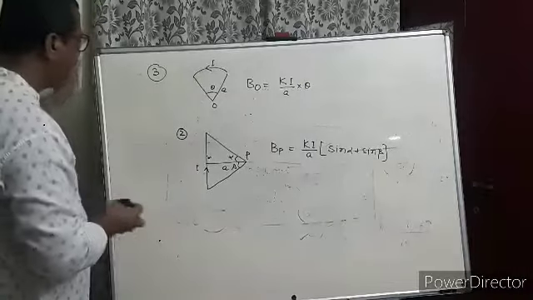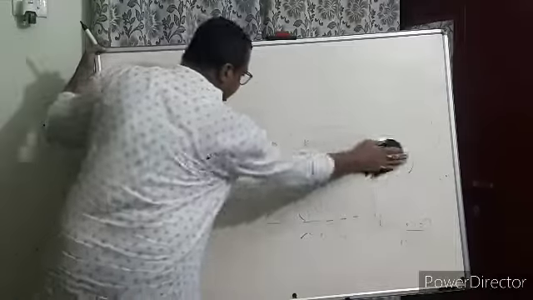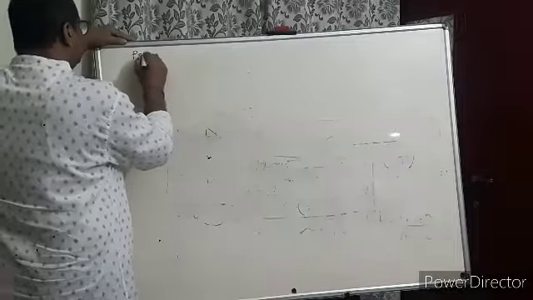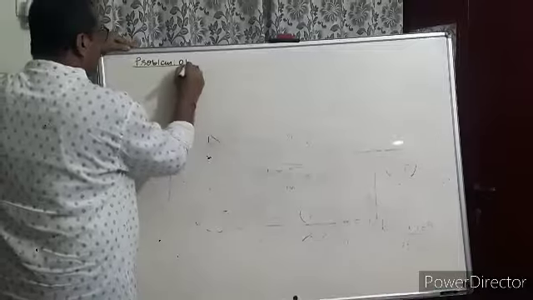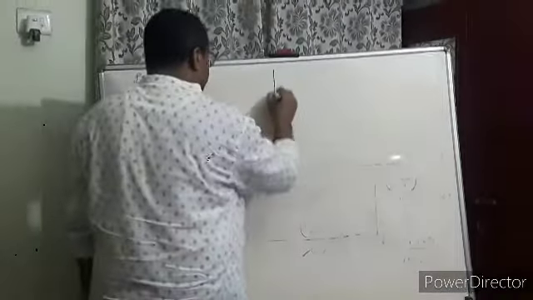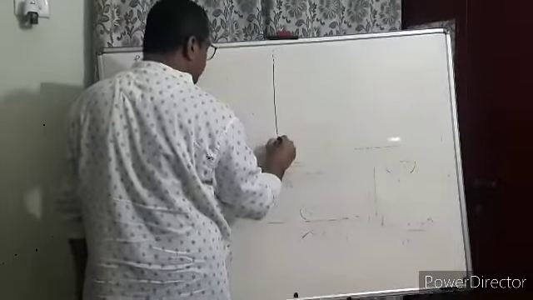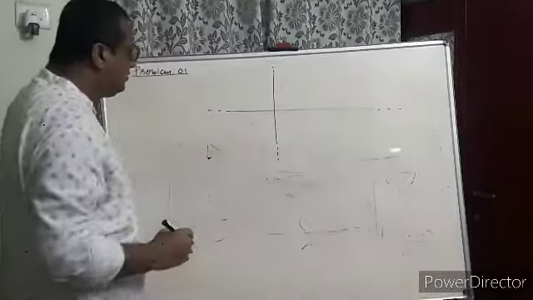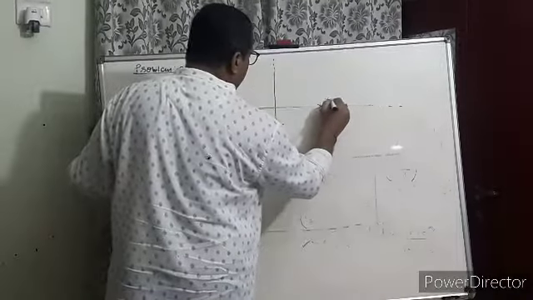So see, first problem. Problem number 1. Suppose that there are two infinite wires. In this wire, I current is flowing, and in this wire, 2I current is flowing.